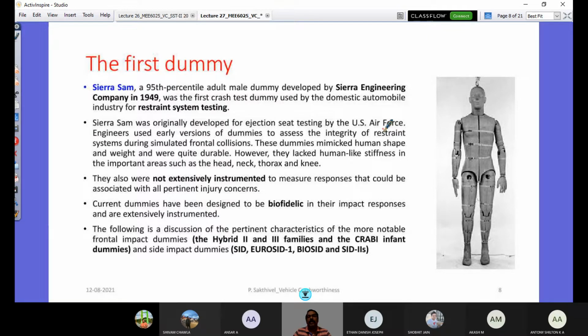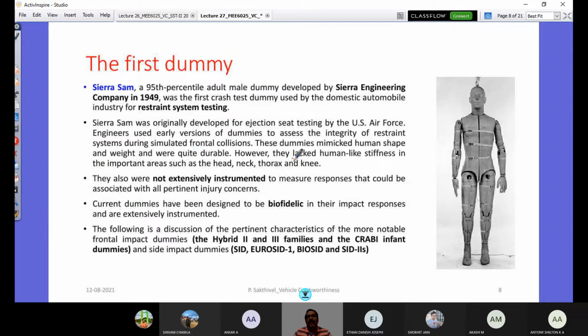What would happen? So that is aircraft emergency parachuting of soldiers, where their injury levels were all assessed. This dummy was first developed for that, and then it was also used mainly for automotive crash testing. These dummies mimicked human shape and weight, and were quite durable.